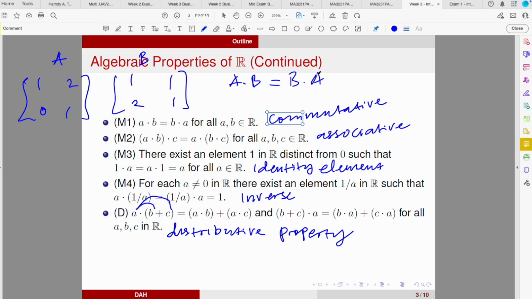No. In matrices, the commutative law does not apply, because A times B is different from B times A.